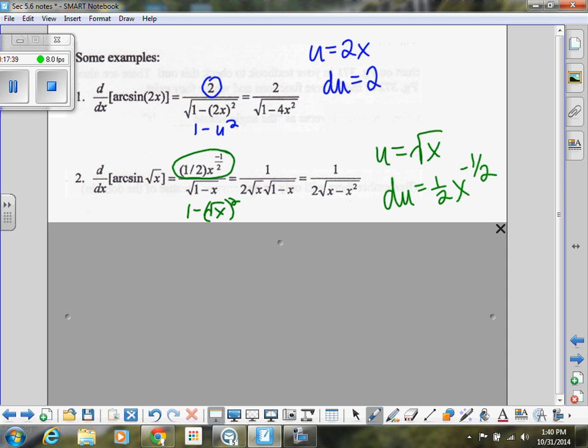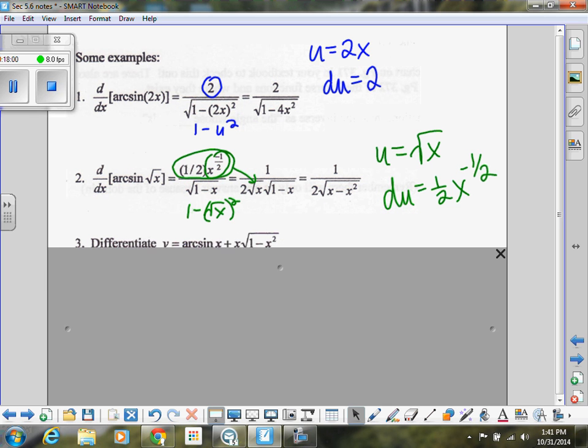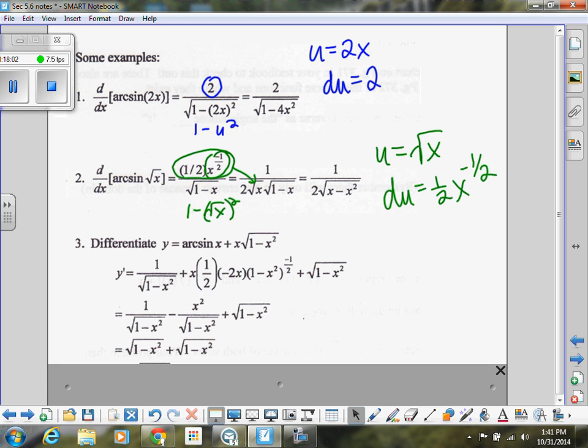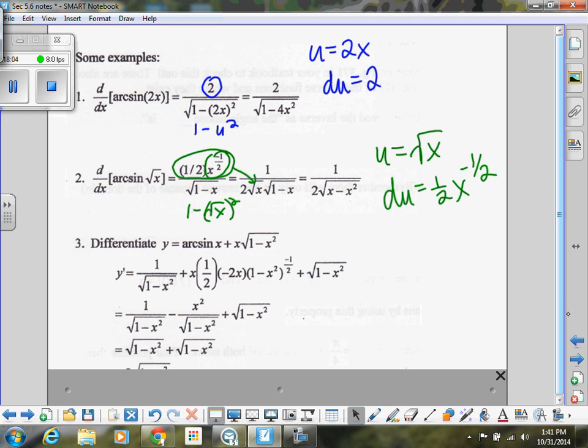So if we simplify that, we brought the x to the negative 1/2 down here, we brought the 2 down. And since both of these were underneath the square root, they just distributed. Okay. Any questions about how we're using those formulas?